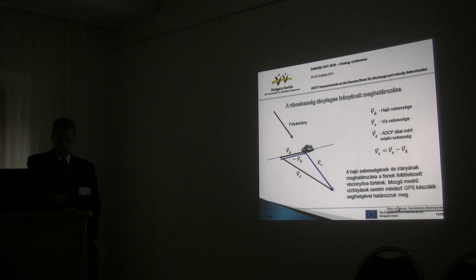In case this precondition is not given, then we have to use a GPS receiver to determine the movement characteristics of the ship. As a final step, we can compute the real velocity of the water as a difference between the relative velocity measured by ADCP and the velocity of the ship.